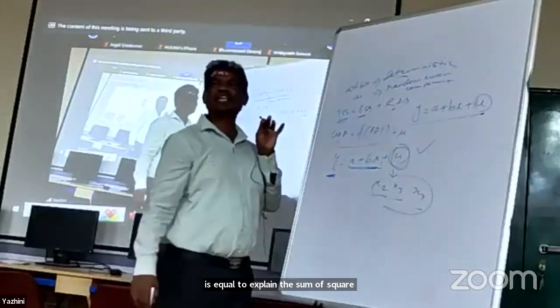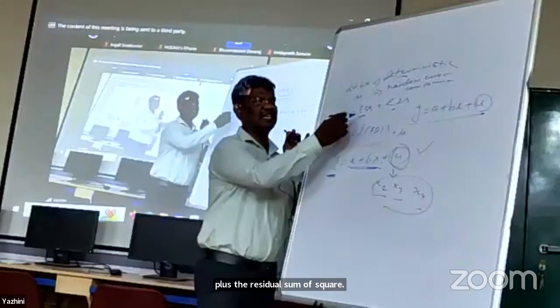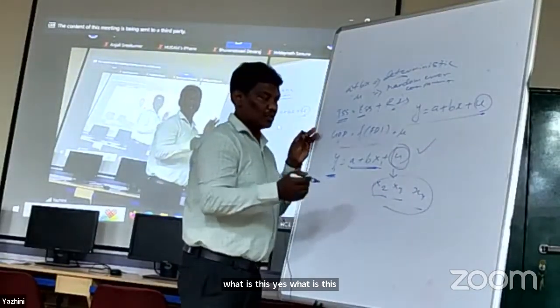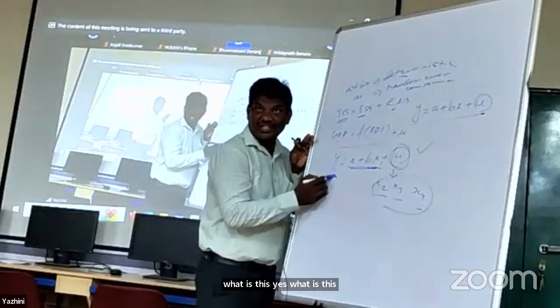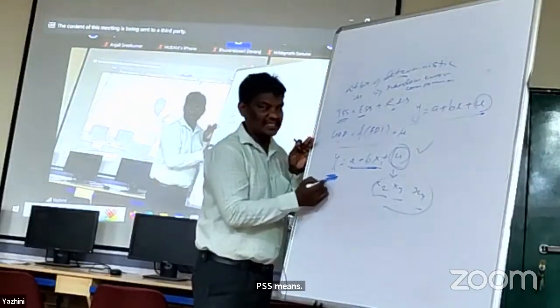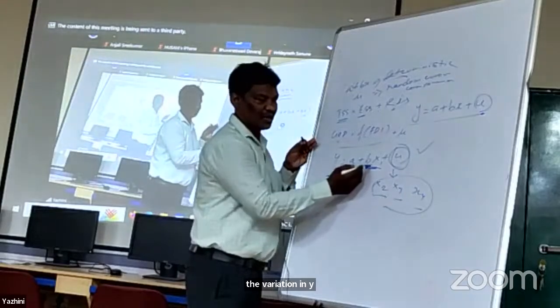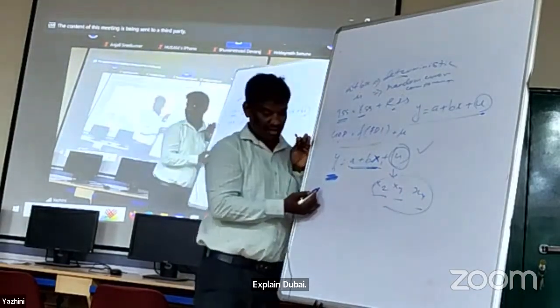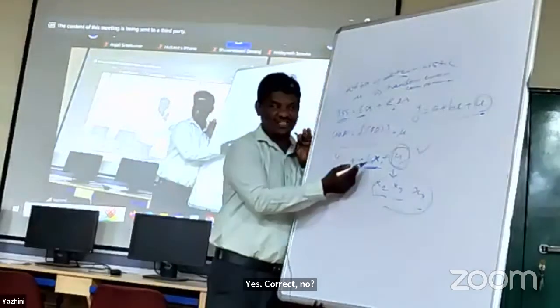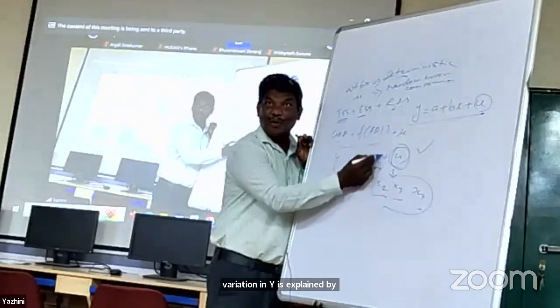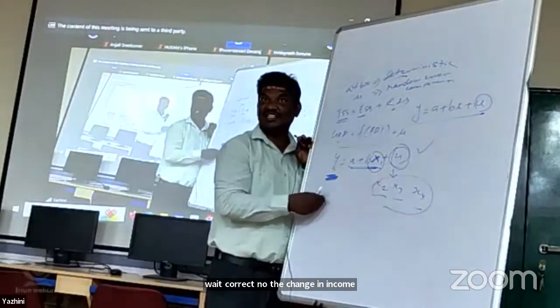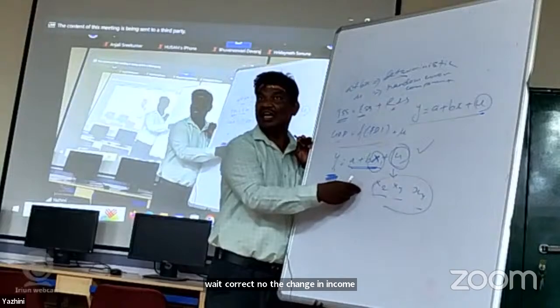So what do you mean by the RSS? What is this ESS? What is this TSS? TSS means the variation in Y is explained by X. Correct? No. The variation in Y is explained by variation in X. Correct? The change in consumption is explained by change in income.